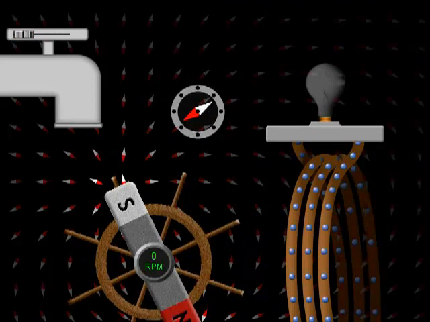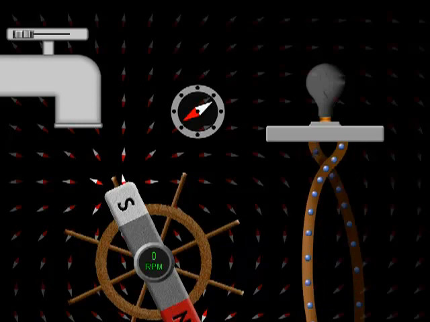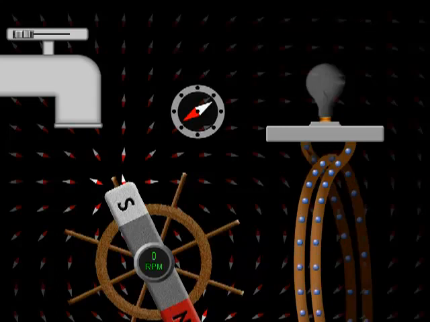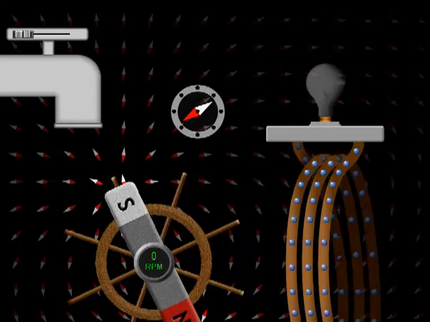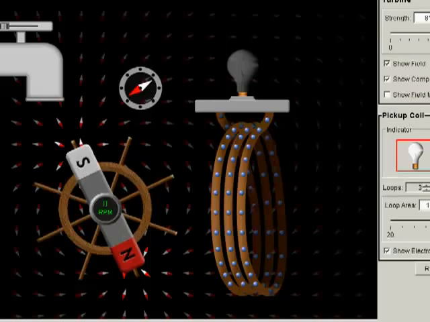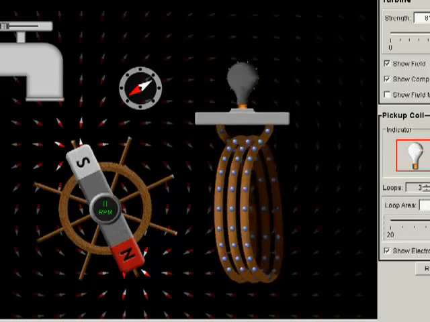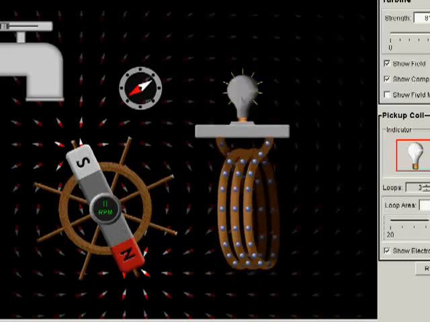And you can see that if I change the area, or even if I change N, decreasing it doesn't light up so much. Increasing it, it does. If I change the loop area from 100% down to 92, there we go.